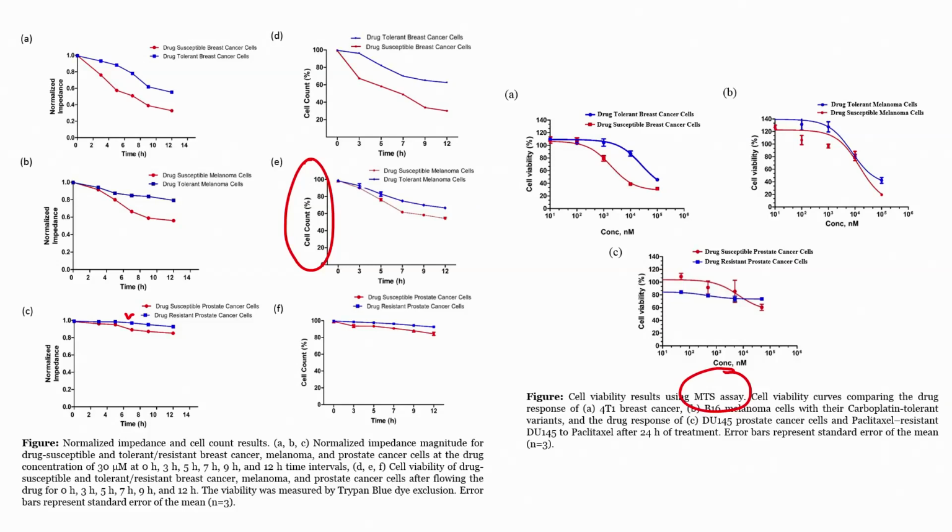When we perform cell viability, we can again see that there is a signature when the drug tolerant cells and drug susceptible cells are measured for different concentrations of drugs. As you increase the drug, the cells start dying.